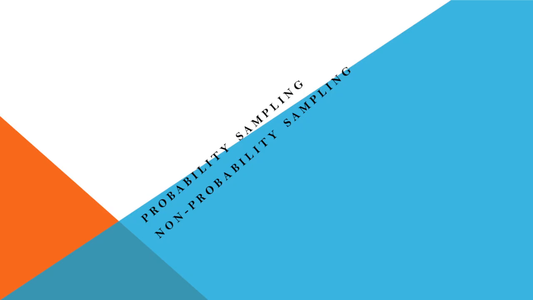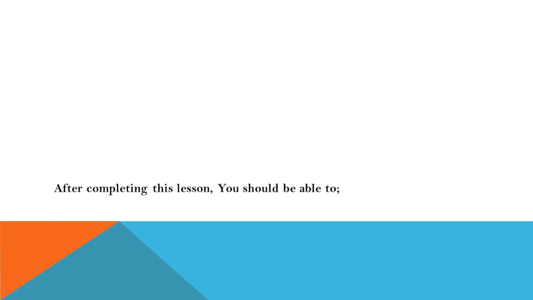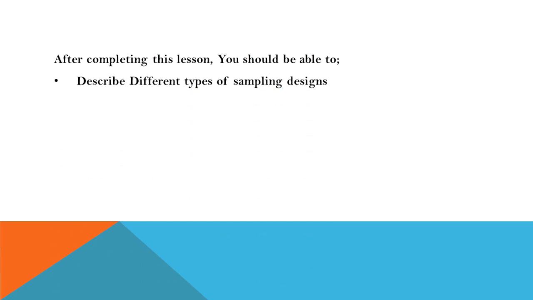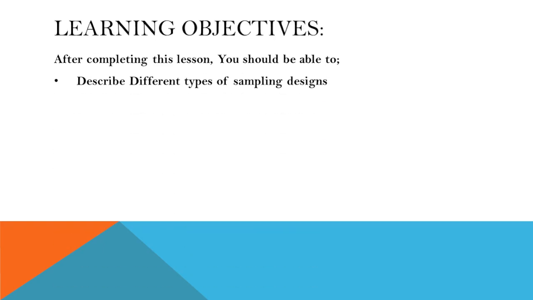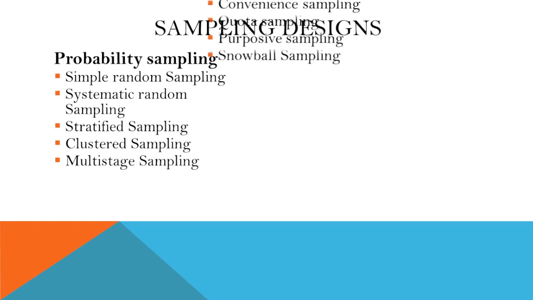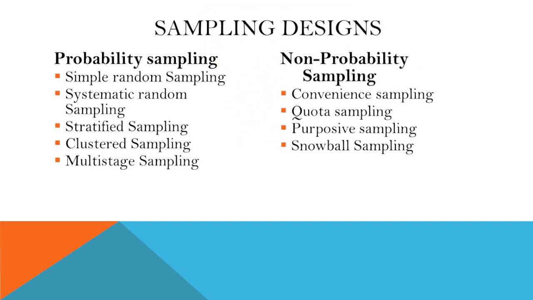Let's begin. After completing this lesson, you should be able to describe different types of sampling designs. In general, sampling designs can be grouped into two main categories: probability sampling and non-probability sampling.